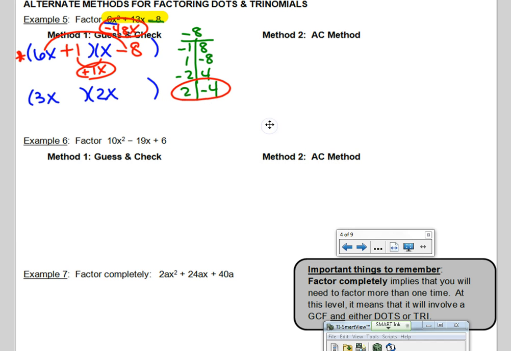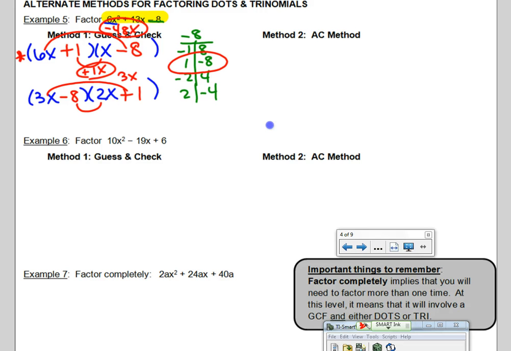Let's try then moving up to this one. All right, so I'm going to try to put, well, not the 8 with the 2. So let me put a negative 8 here and a positive 1 here. And if I check, my outer two multiply to 3x, and my inner two multiply to negative 16x. And these two add up to negative 13x. Oh, but I need a positive 13x.